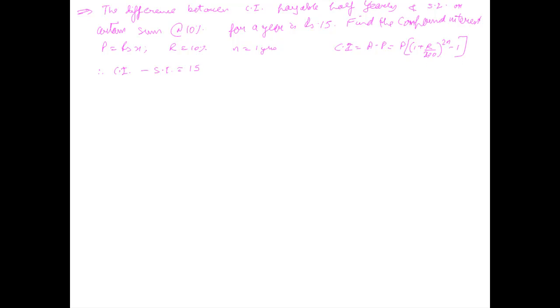Taking P common, we get P (1 + R/200) raised to the power of 2n minus 1. So that's principal is X. Let's start on the formula first children. That's principal (1 + R/200) raised to the power of 2n minus 1 minus PRT upon 100 is equal to 15 rupees.